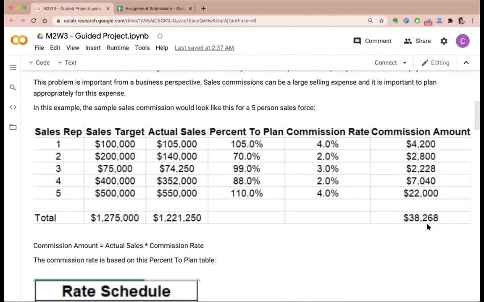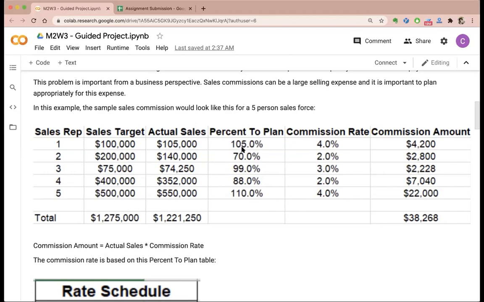But if you want to run multiple scenarios with multiple inputs, you'll get many such commission amounts, right? Let's say I run one scenario where I generated this sales target randomly for all the 500, and I generated the percentage to plan randomly. For the whole data frame, I generated 500 random values here, 500 random values here.